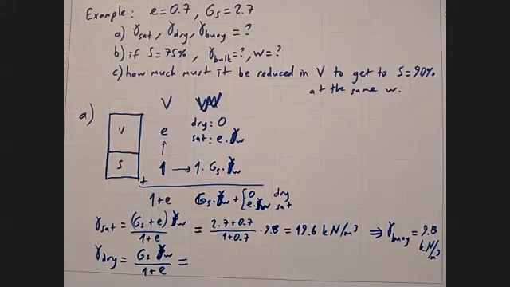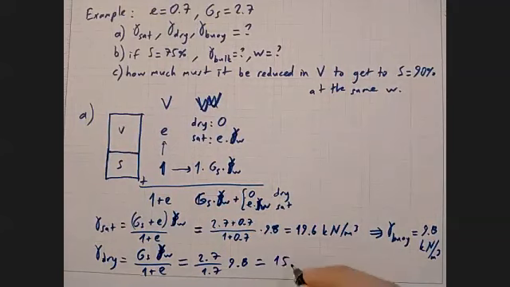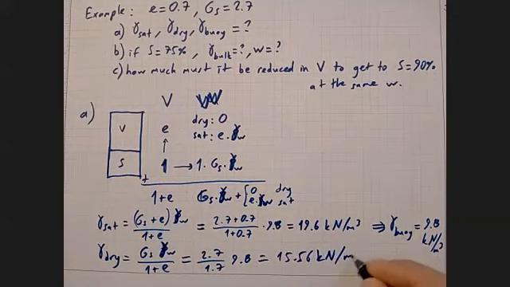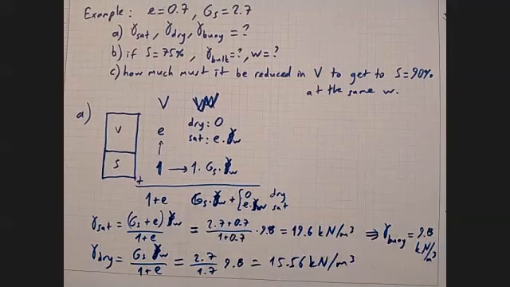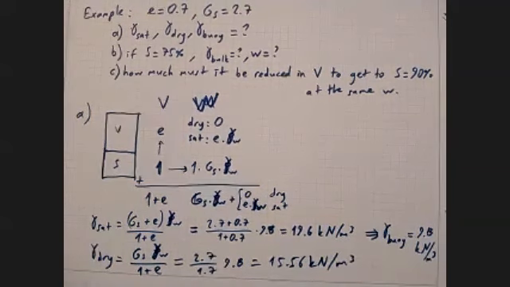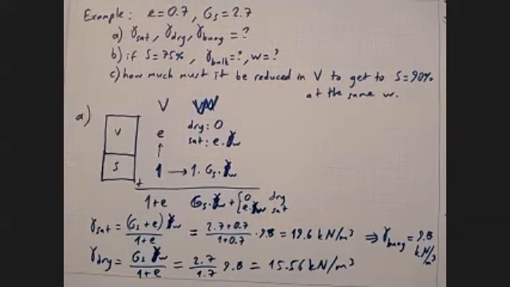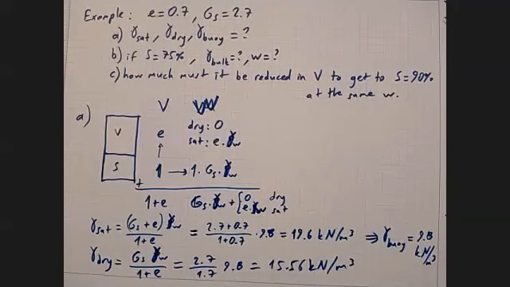And the other is 2.7 over 1.7 times 9.8. That doesn't really matter. The numbers are unimportant. How to solve the problem is important. So that's basically it for part A.